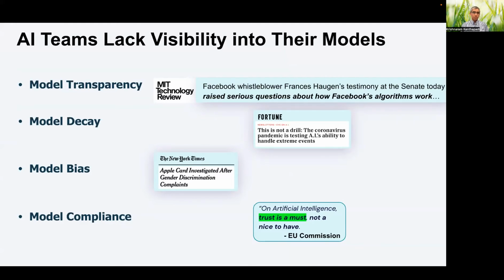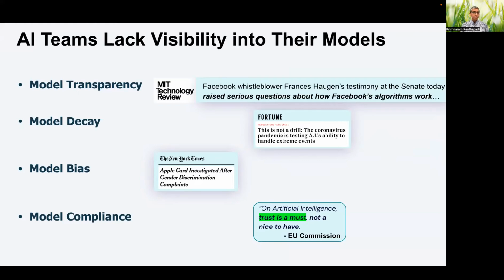For instance, we have seen challenges such as the ones faced by Facebook in the context of how Facebook's models work and the lack of enough transparency on those. Or we have seen challenges with the models degrading over time, whether it's due to the pandemic or other real world condition changes. So of course, we just discussed challenges with bias in the models. Likewise, often compliance is also a key challenge when it comes to highly regulated domains.